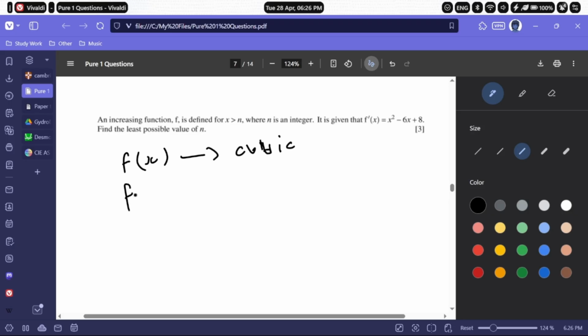So let's say f of x is cubic. So f prime of x would be quadratic. F double prime of x would be linear.